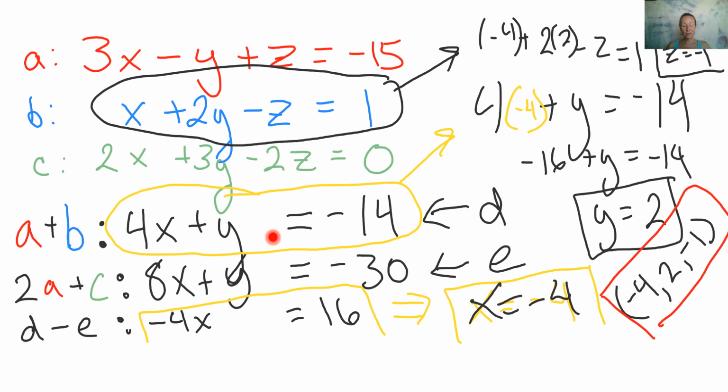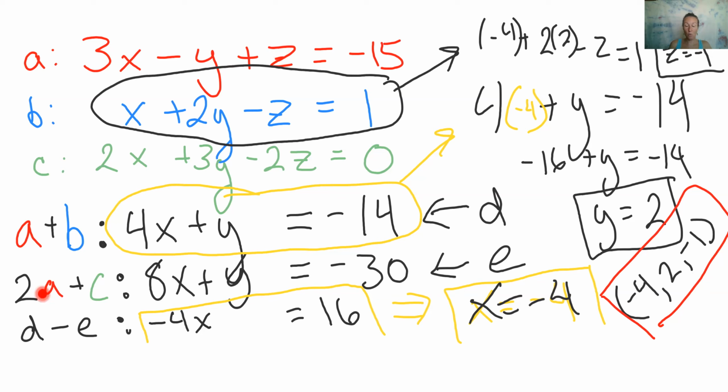And then also, when I do things like multiply by this 2a plus c, if you can't do 2 times 3x plus 2x in your head, write 2a, make the equation 2a over on the side. So 2a is basically going to be 6x minus 2y plus 2z equals -30.